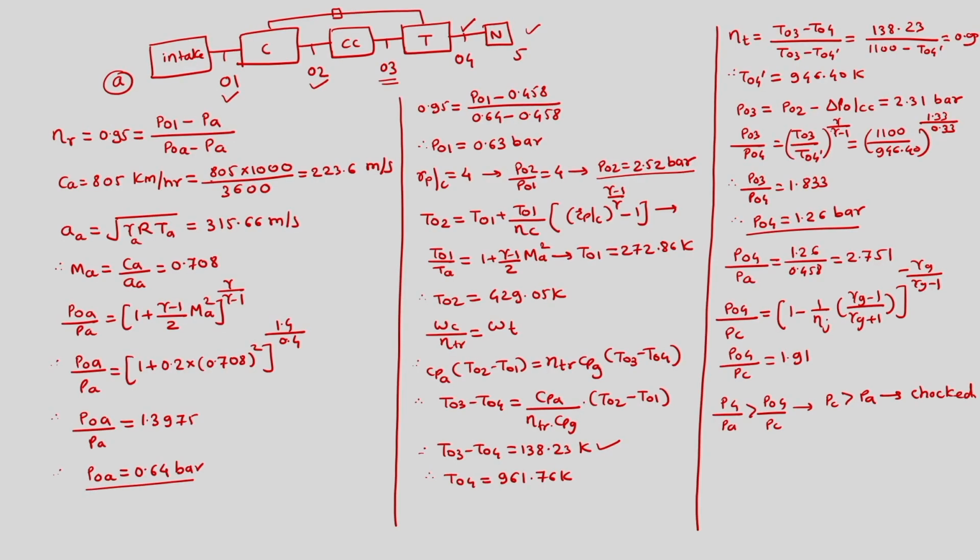So since the nozzle is choked, we have to find the temperature at the exit of the nozzle for the choking condition. We know the process is adiabatic from 4 to 5, and there is Mach number 1 at the exit of the nozzle. Nozzle is adiabatic, so T04 is equal to T05, which is 961.76 Kelvin.